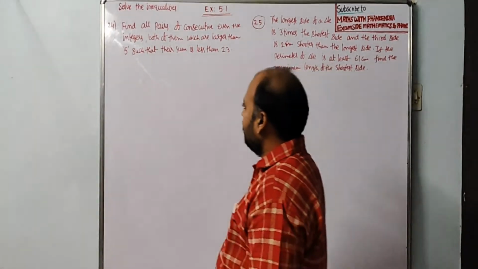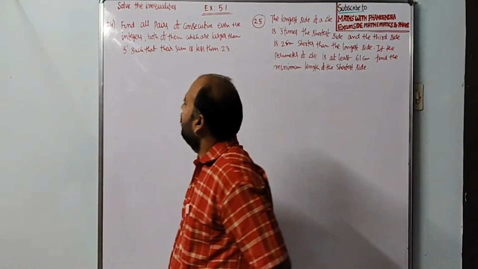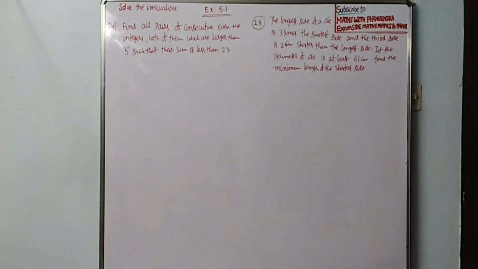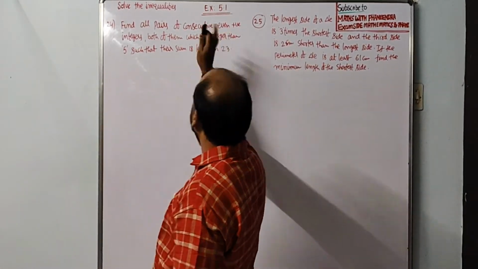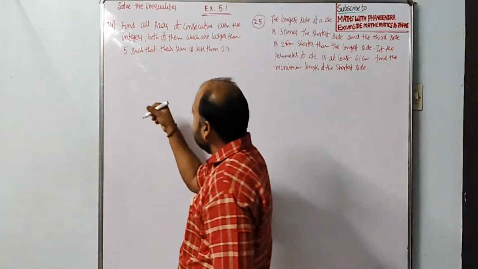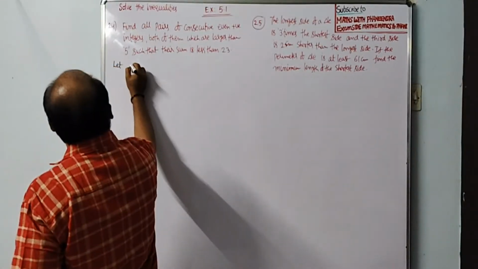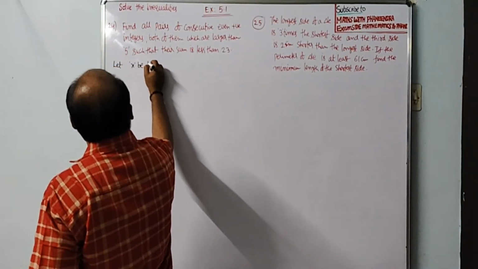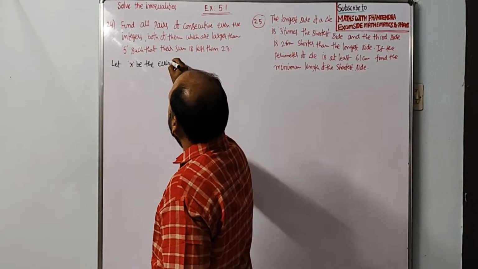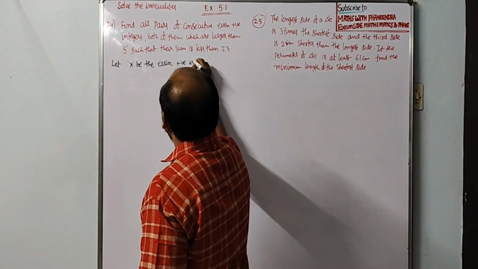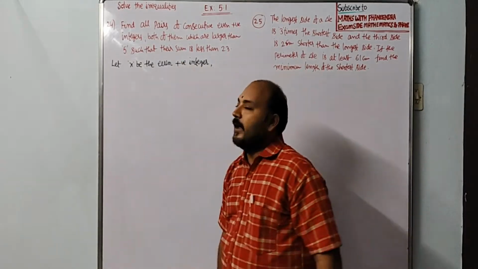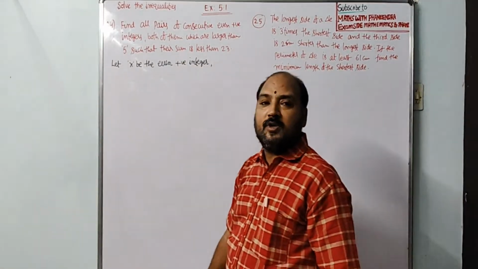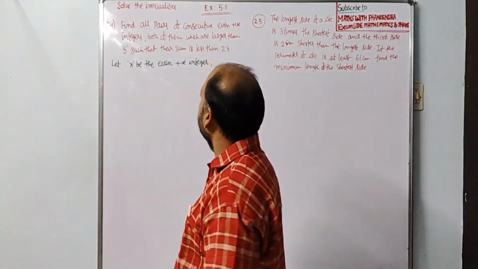Yeah, we'll come to the question. Find all the pairs of consecutive even positive integers. First, we have to assume that x is the even positive integer, dear students.